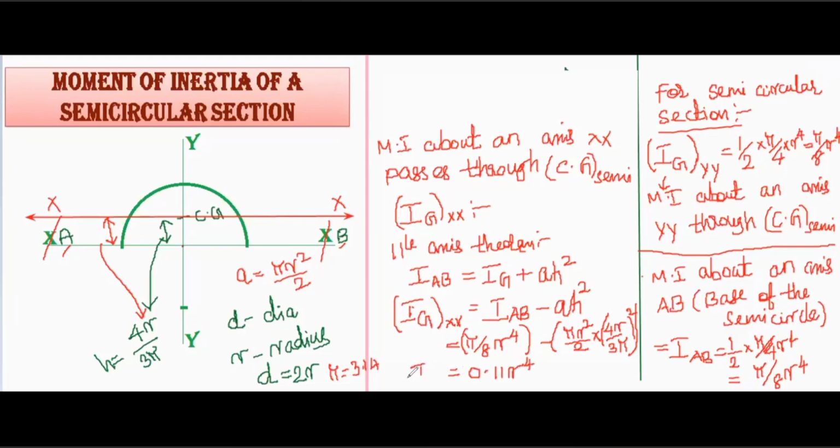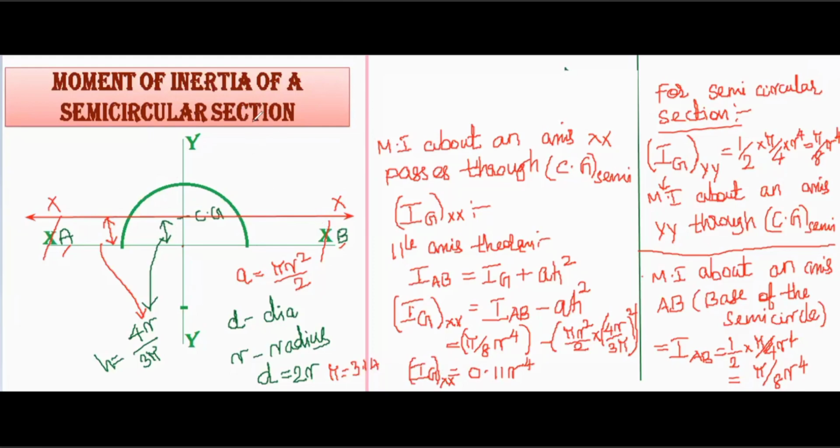So IG XX, the moment of inertia about an axis XX that passes through the center of gravity of the semicircular section, will be 0.11 r power 4. That is the final simplified answer.